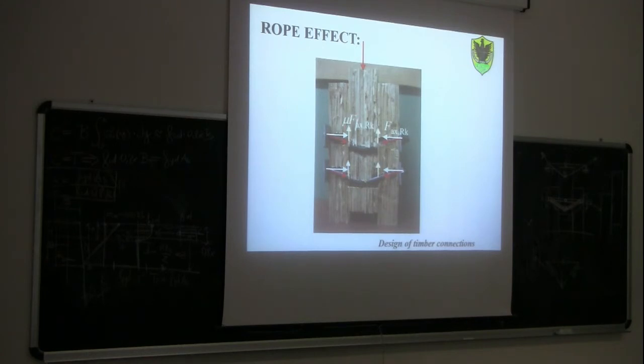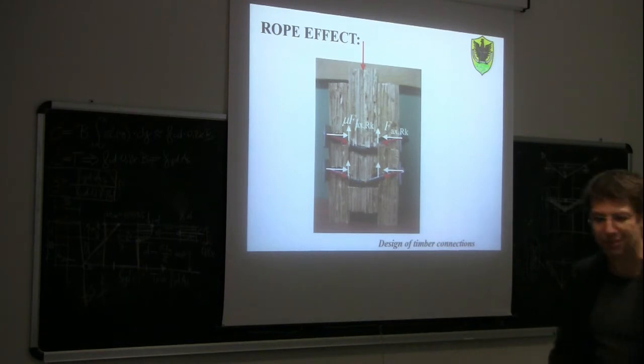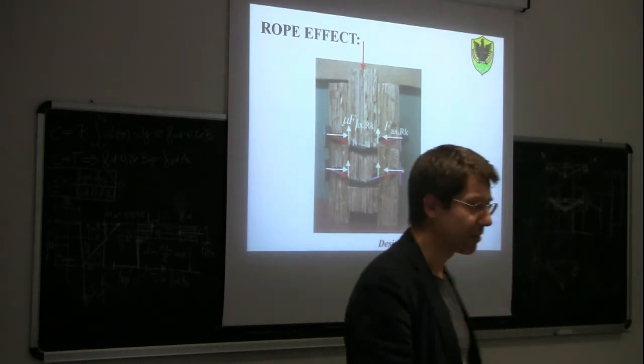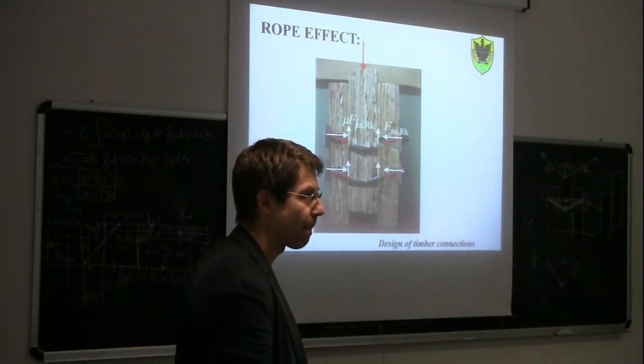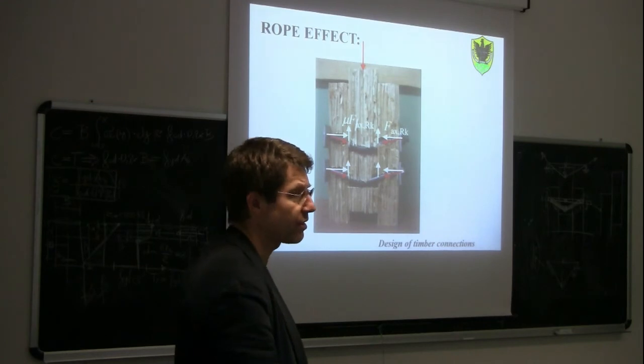And this friction is the friction coefficient times this compression force. Is this friction favorable or unfavorable to the resistance? It opposes the slip, so it is positive for us to have this friction, because it significantly increases the strength.